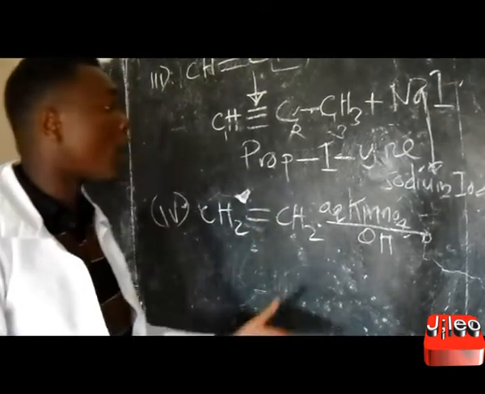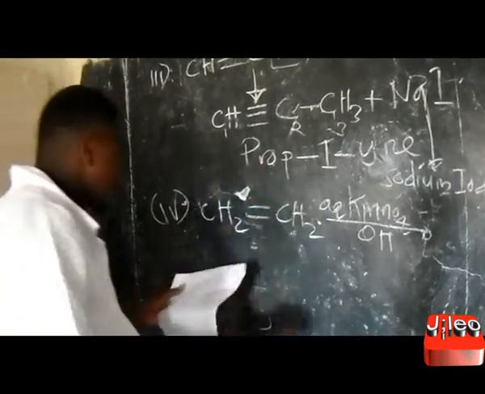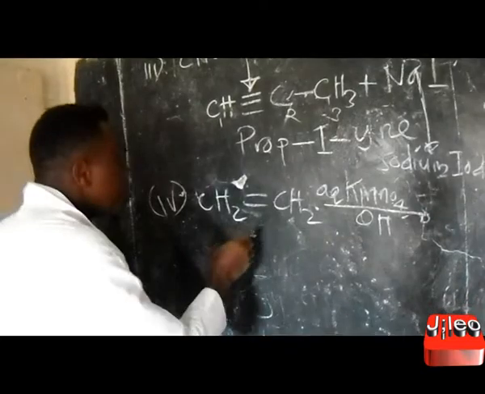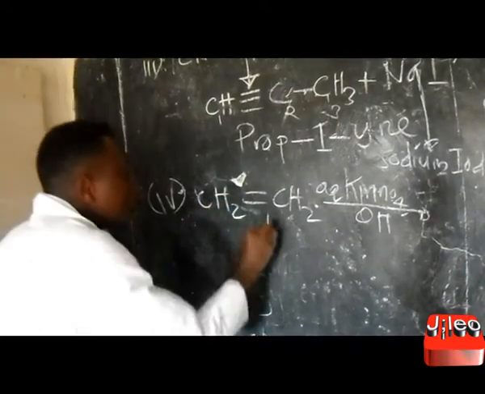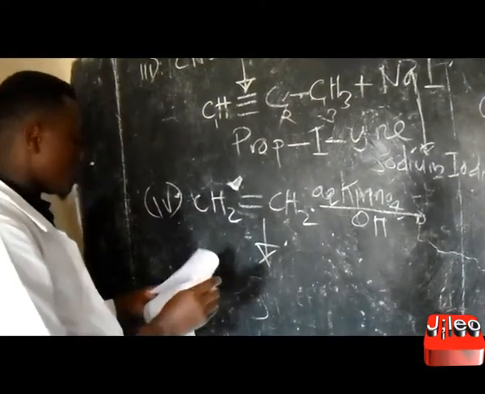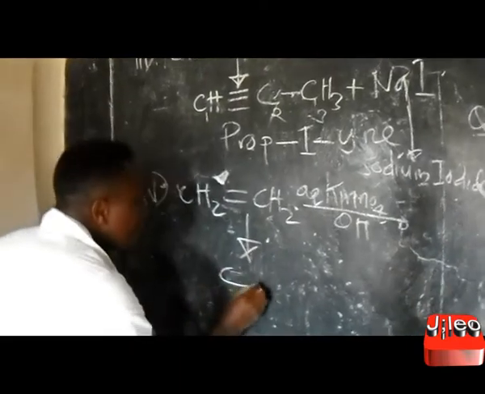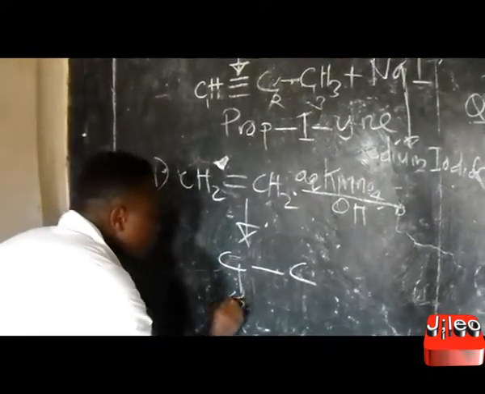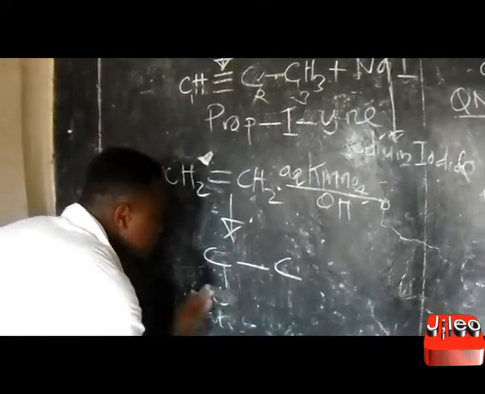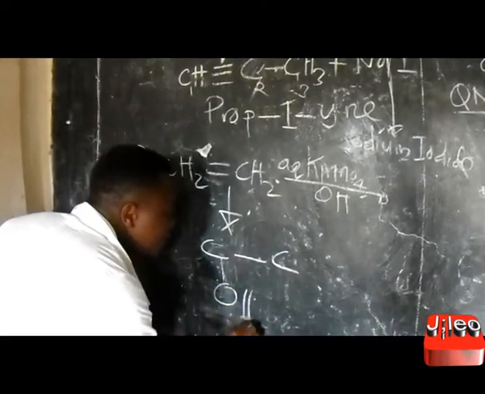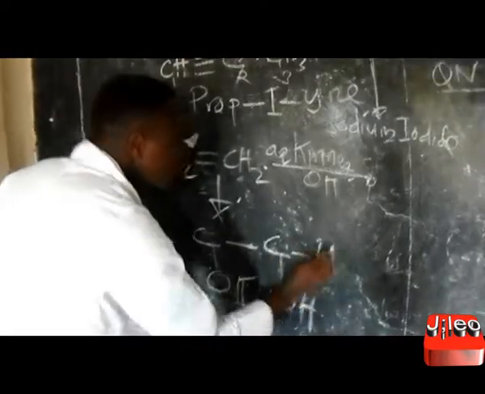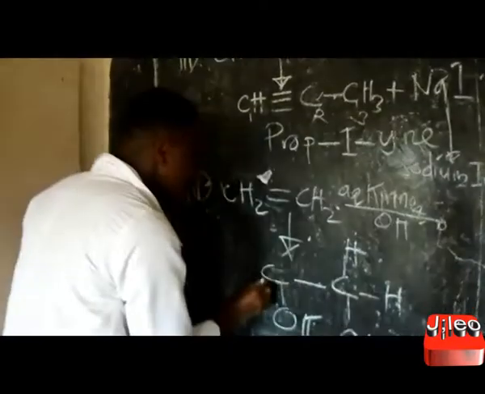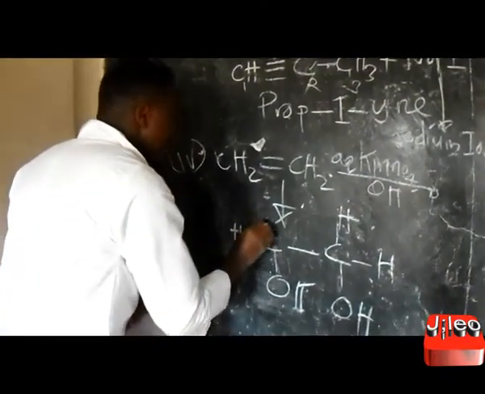No one. So there is no mechanism. So what will be done here now? This bond will be broken down. What will be produced here is carbon, then O, then OH, and then hydrogens here, here, here, and here.